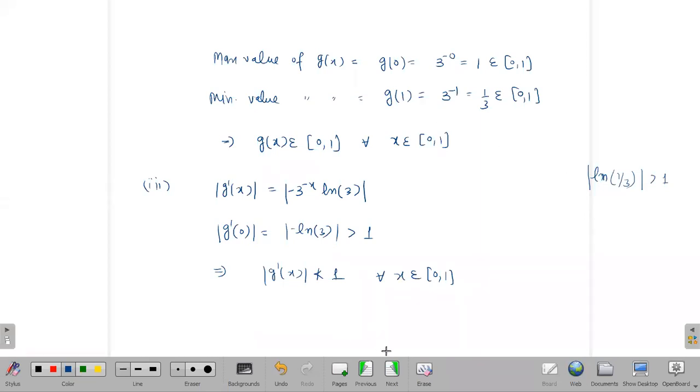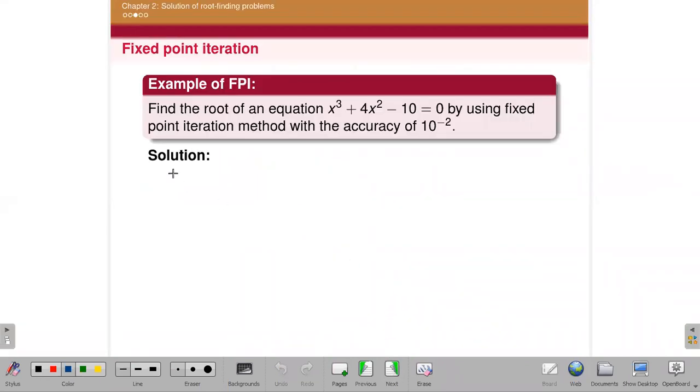Yes. So next, we will come to one example that is a main example of fixed point iteration: find the root of the equation by using the fixed point iteration method with the accuracy of 10 raised to -2. Here we will do the full procedure of the fixed point iteration method.